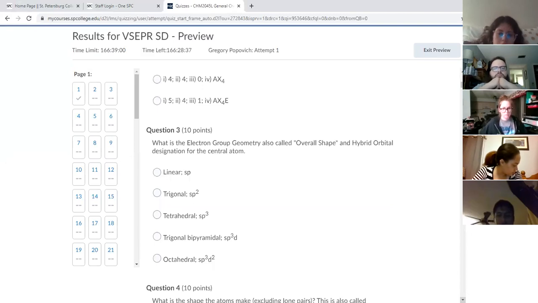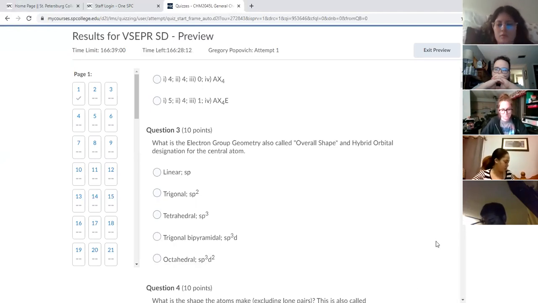I've got 4 electron clouds. It needs to be accommodated by 4 hybrid orbitals. And it goes in order: S, P, SP2, SP3, then SP3D, SP3D2. Questions about this portion?